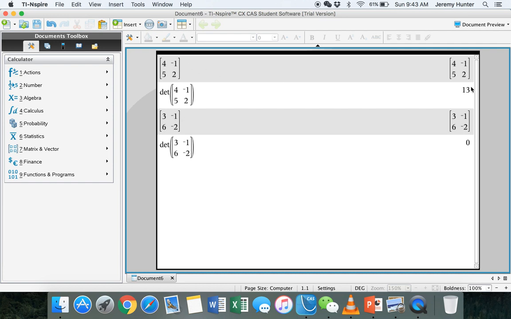If the determinant does not equal 0, then it does have an inverse. What it equals in this step is irrelevant. It's just whether it equals 0 or not. The fact that it's 13 will be used when we're finding the inverse, which we'll do in the next video. For now it's just relevant that it's not 0. Not 0, inverse does exist. 0, inverse does not exist.